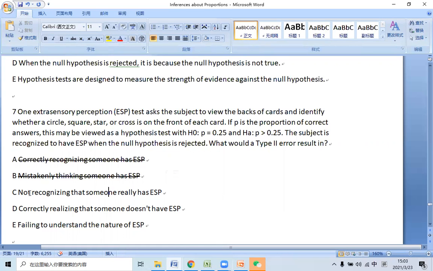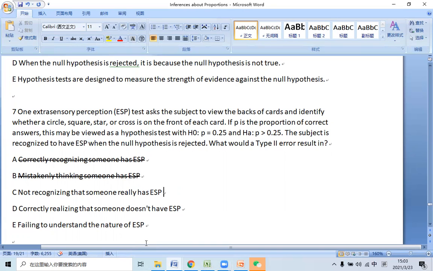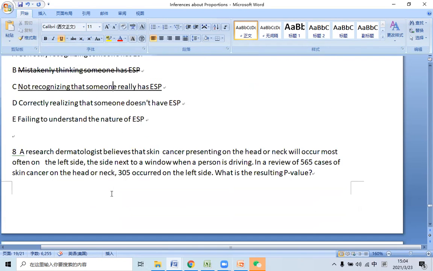This means that you are not rejecting the null hypothesis. You do not reject the null hypothesis. And when the null hypothesis is false, not right, this is type 2 error. And this is what we mean by type 2 error. Look at question 8.